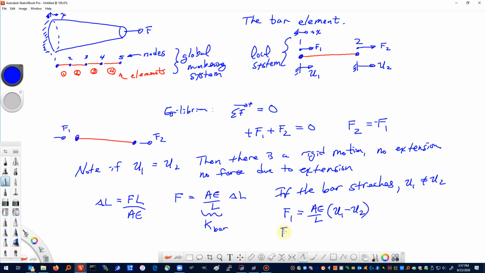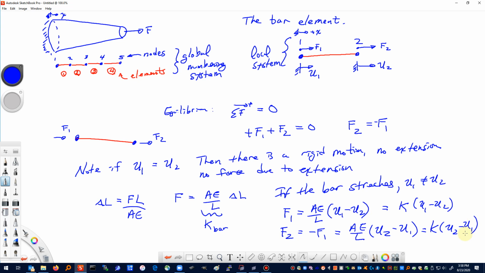And since the force F2 is equal to the negative of the force F1, we can write it this way, that the force F2 is equal to AE over L, well, let's do it this way, I can say it's U2 minus U1. So we can say that it's K times U1 minus U2, and here it's K times U2 minus U1.